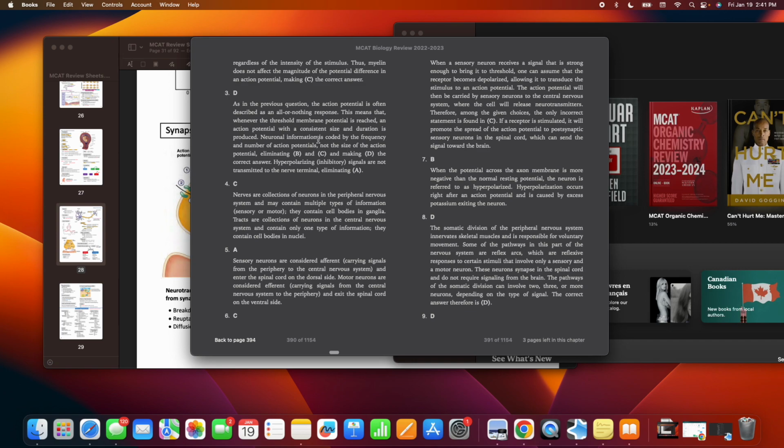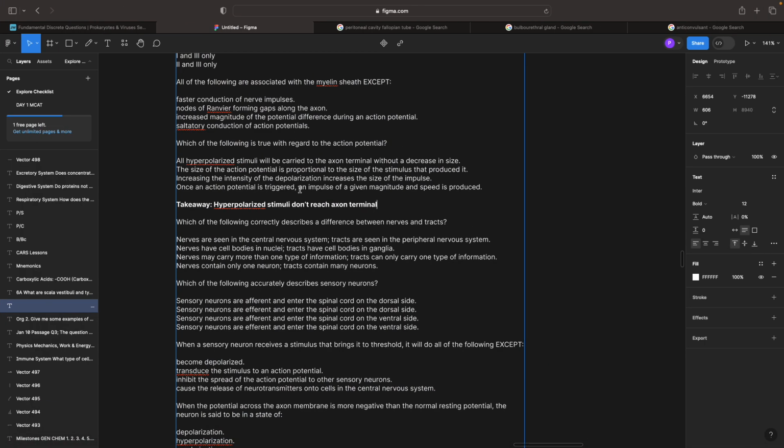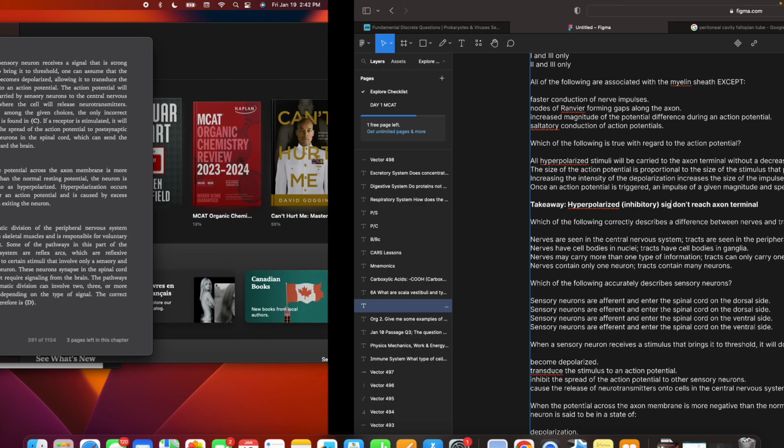Neuronal information is coded by the frequency and number of action potentials. Hyperpolarizing inhibitory signals are not transmitted to the nerve terminal. So hyperpolarized inhibitory signals don't reach axon terminal.